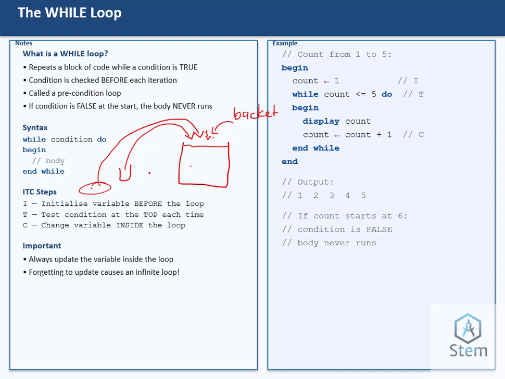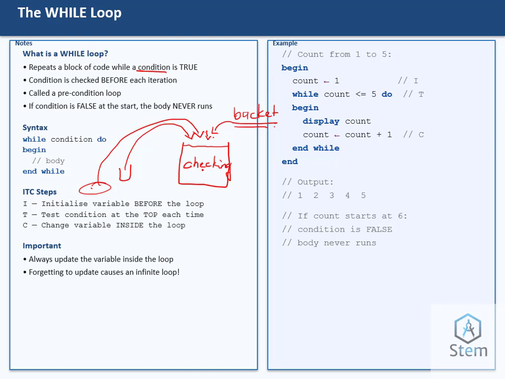What you are doing is you are checking the bucket, or the status of the bucket, similar to the condition. And if the status says bucket not full, you put some more water. So you keep doing this until the bucket fills up.